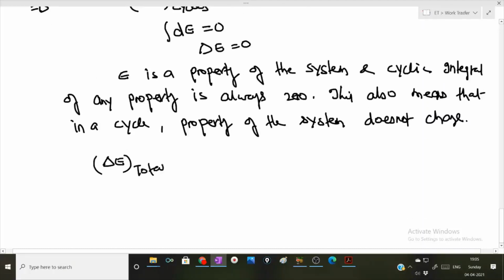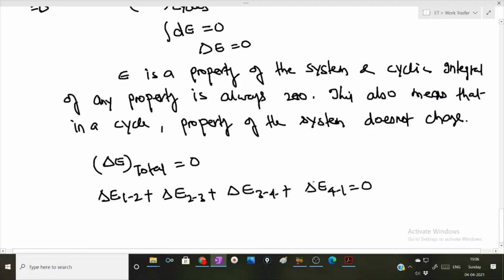total equal to 0. Delta E total is nothing but the change in total energy during the process 1 to 2, plus the change in total energy during the process 2 to 3, plus the summation of delta E 3 to 4, plus the summation of delta E 4 to 1, which will be equal to 0.